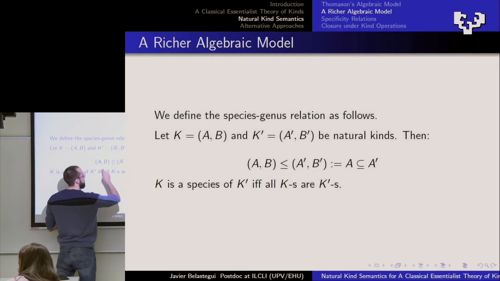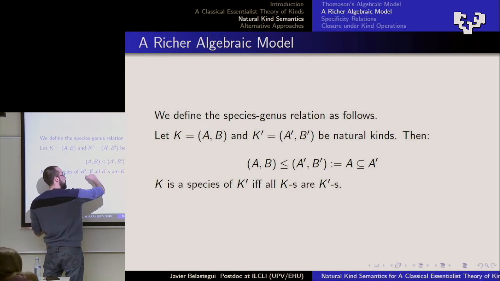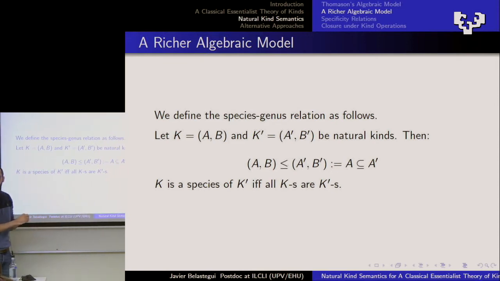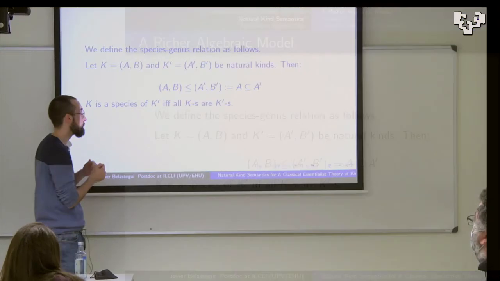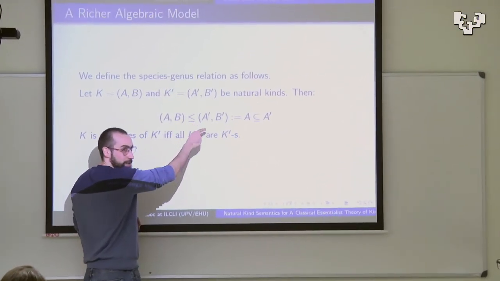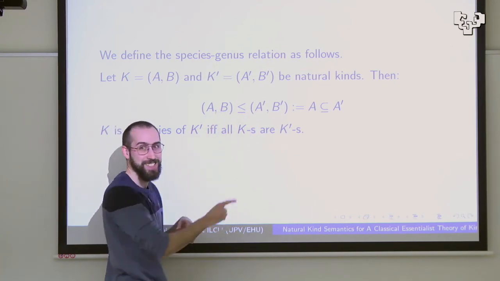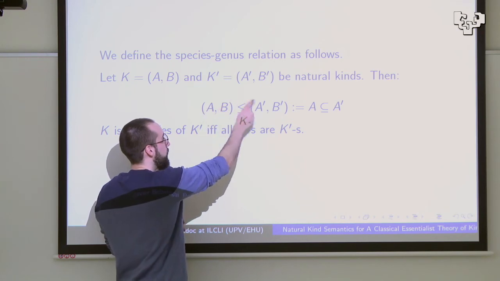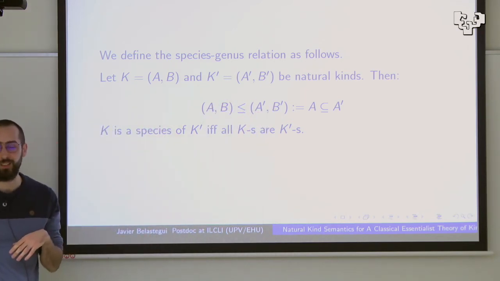If it holds in the other direction, then A prime is included in A, and so A is included in A prime is included in A, so A and A prime are the same set. But this is a partial order, so if it holds in both directions, then the pairs of sets are identical, and so the components are identical, so B equals B prime. They have the same essence.